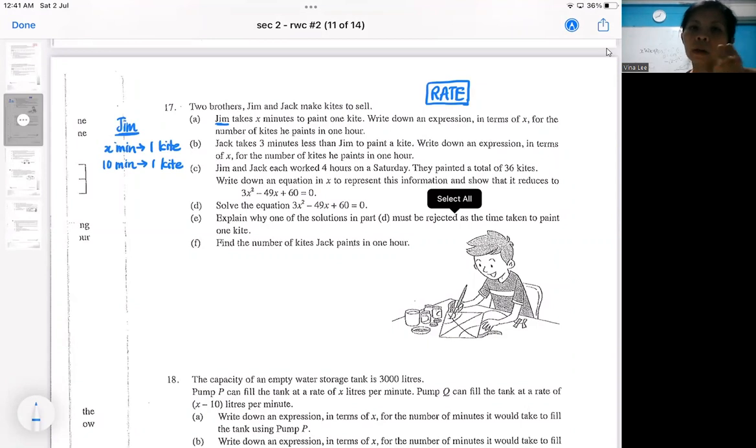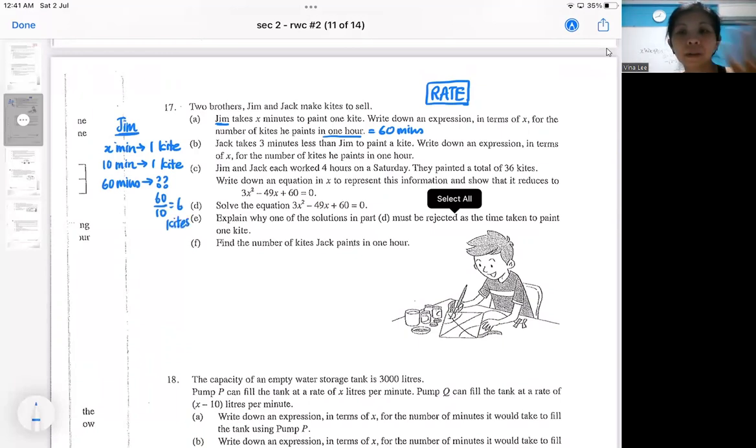Thinking with a number will help you to answer the question. In this question, you're supposed to find how many kites he can paint in 1 hour. 1 hour is equivalent to 60 minutes. So in 60 minutes, how many kites can he paint? If you are thinking in terms of 10 minutes, mentally you'll say 60 divided by 10 equals 6 kites.